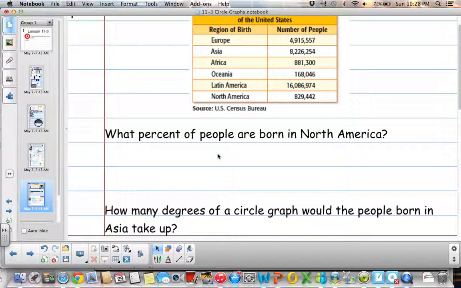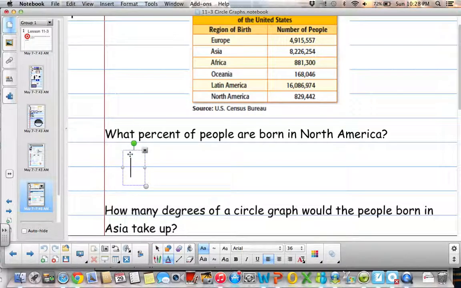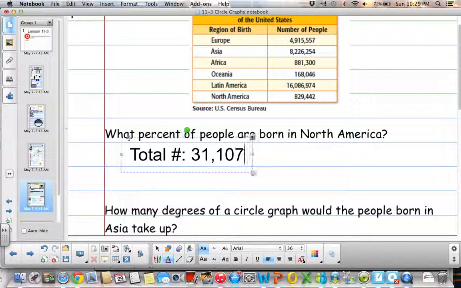So for the percent of people born in North America, what you need to do is add up all of the number of people. The total number of people is 31,107,573 people.